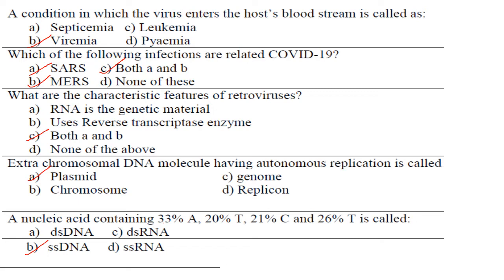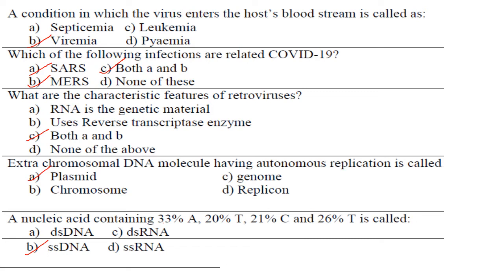Then next one. A nucleic acid containing 33% A, 20% T, 21% C, 26% T is called. Now this particular nucleic acid, if it was double stranded, then the percentage of A and T will be same. But here, A will form base pair with T, and C will form base pair with G. They have given two T values, one of them must be G, it might be a printing mistake.